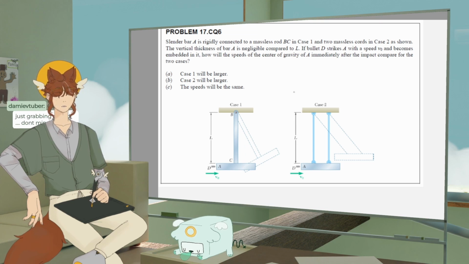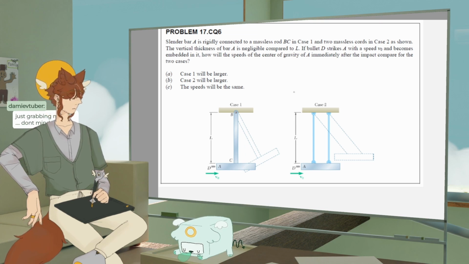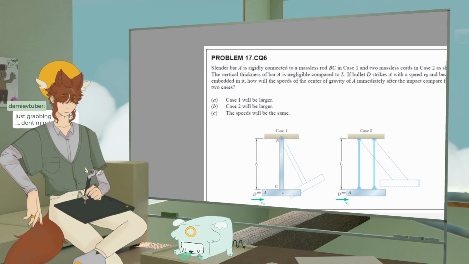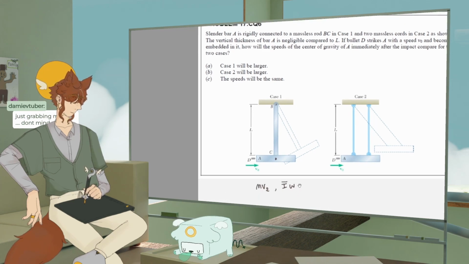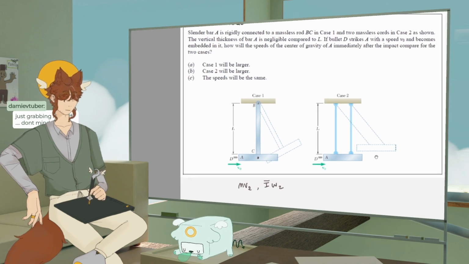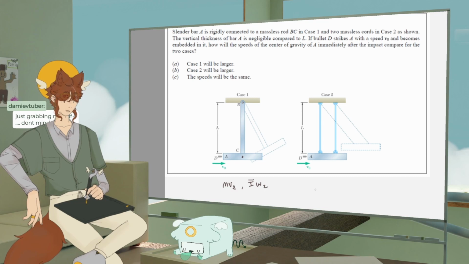Okay, so in case 1, we have pure rotation. You can think about it in terms of work and energy. So we're gonna have an MV2 and an I bar omega 2 there. In the other case, it's not rotating, so we're just gonna have an MV2. It's asking for the speeds of the center of gravity.